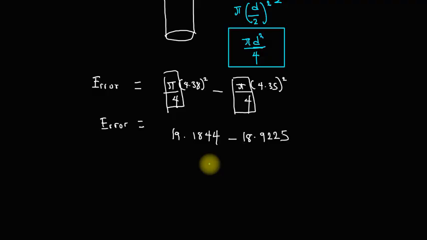But in JAMB, you can approximate to 2 decimal places and you still get your correct answer, because the options will not be so close that you can't distinguish what the correct answer is. So subtracting this, I get 0.2619. And remember the like term, pi over 4. So we're just going to bring it here, and this is our error.